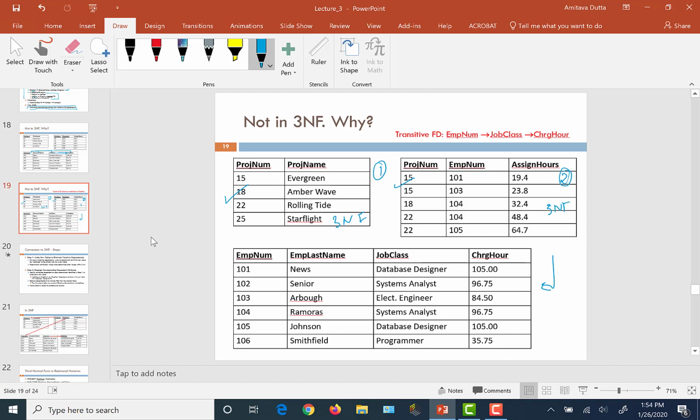This is also in third normal form. This employee table is in second normal form, but it is not in third normal form, because of this transitive dependency from here to here and from here to here. Okay, so we have to split the employee table to get rid of this transitive dependency. So let's see how one would go about doing that.